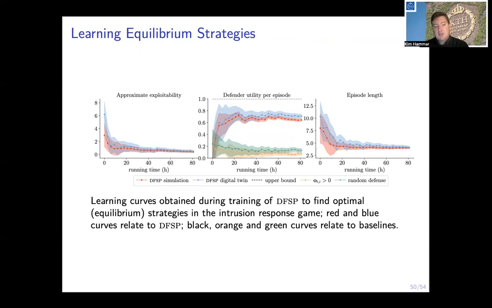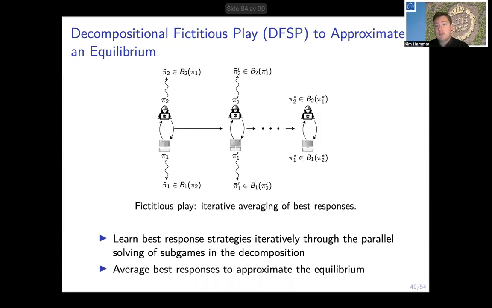What we can see from the plot is that we converge, but we do not converge exactly to the equilibrium. So we converge somewhere around like 0.24, I believe. So this is an approximate equilibrium. It's not an exact equilibrium. And I believe the reason why we don't converge exactly is due to that we use reinforcement learning.